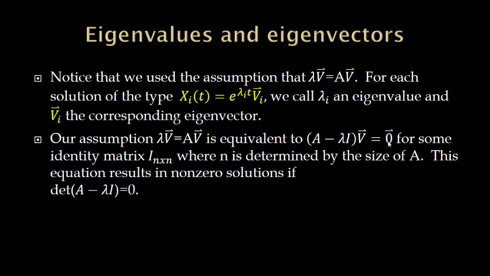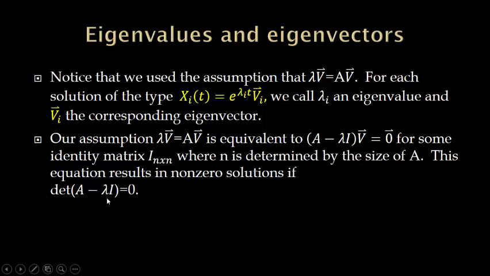So we need to solve for any non-zero solutions, which will only appear if the determinant of this is equal to 0. We don't want v to be a vector with zeros down. That wouldn't help us solve for any non-zero solutions. So we want to find when the determinant of this matrix, this difference right here, is equal to 0.